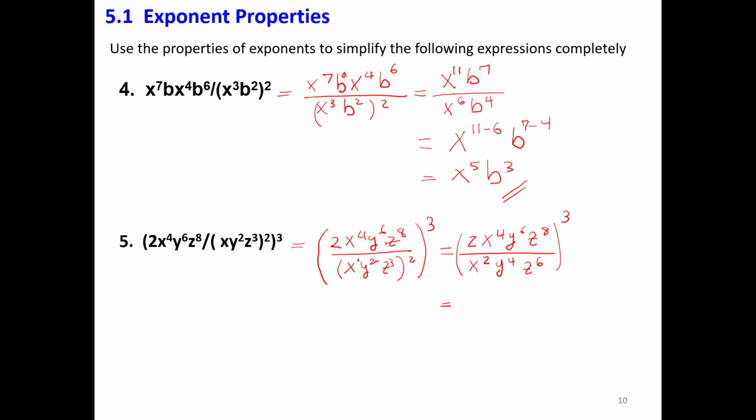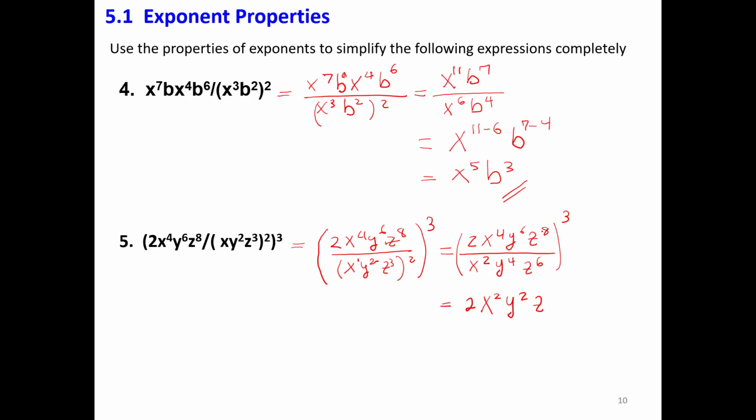Now we can apply the quotient rule, as 2, because we don't have any number in the denominator. Now x, and let's apply directly the quotient rule. X, 4 minus 2 is 2. Y, 6 minus 4 is 2.